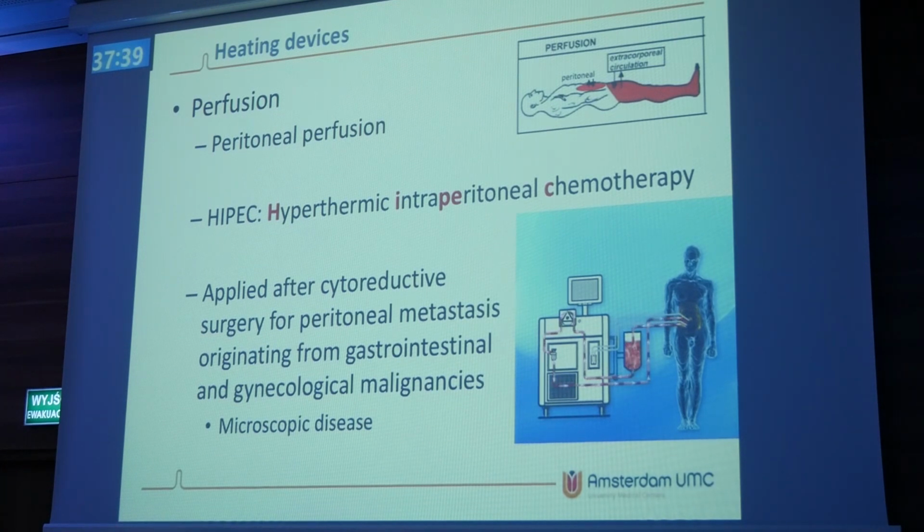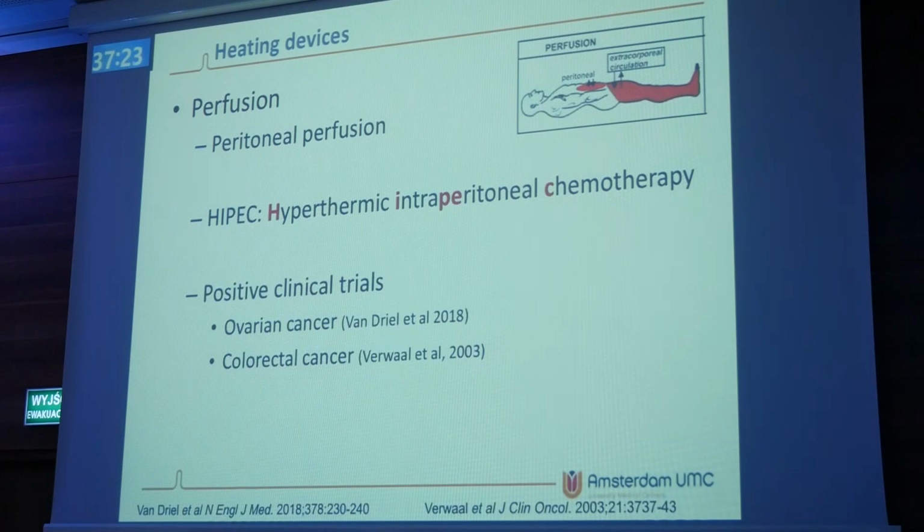This is only intended for microscopic disease, so this is performed after surgery to remove the macroscopic tumors, which means that the nodules left are of the order of a millimeter or smaller.